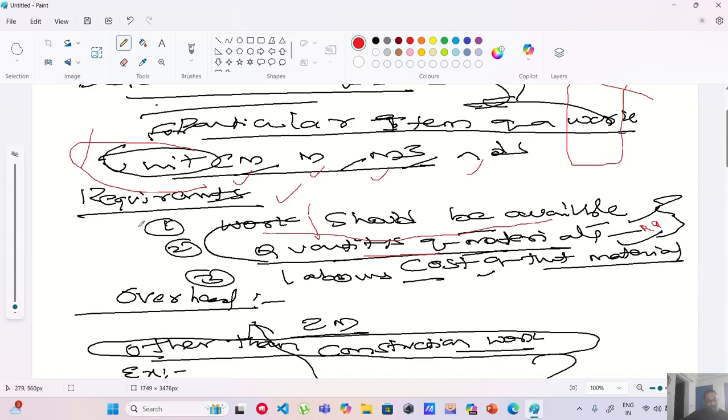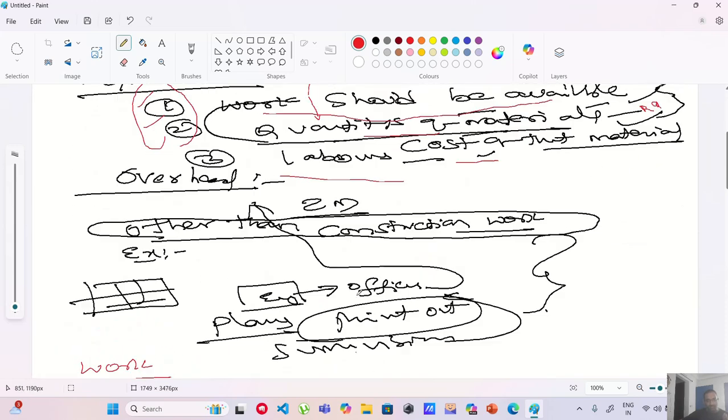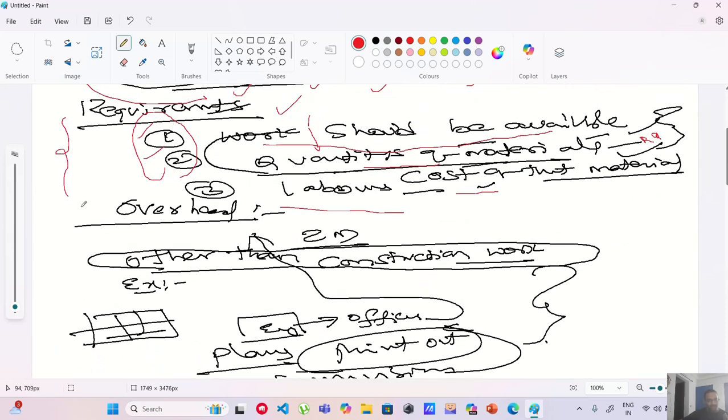And after these two, for constructing we need labors and also quantities of labors, in terms of numbers. These are the requirements to calculate the rate analysis.